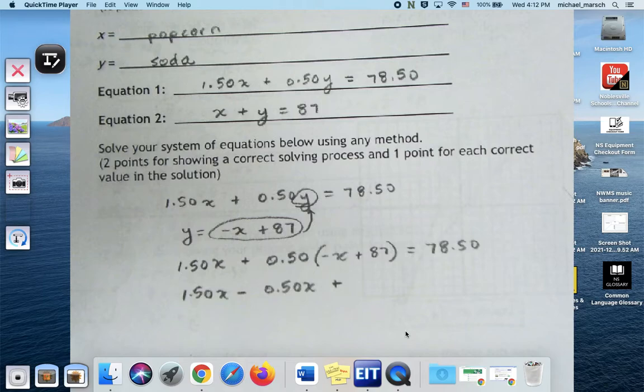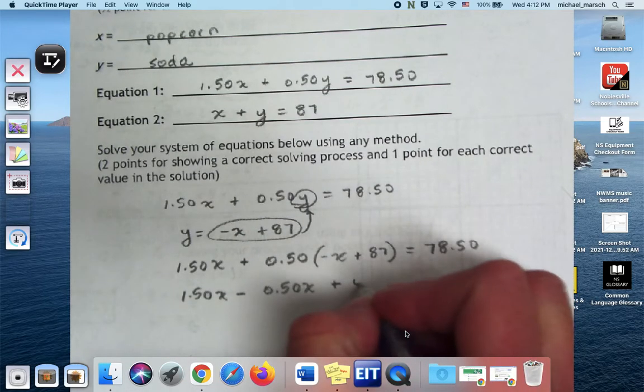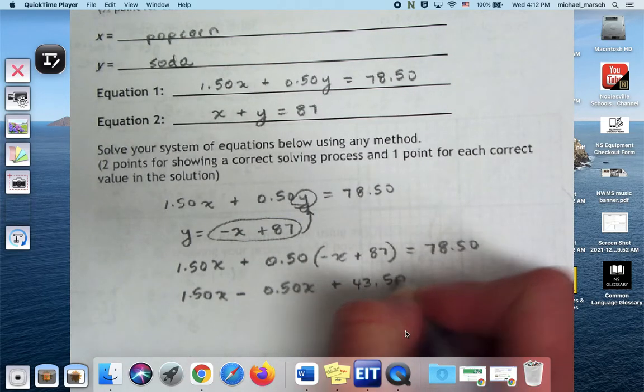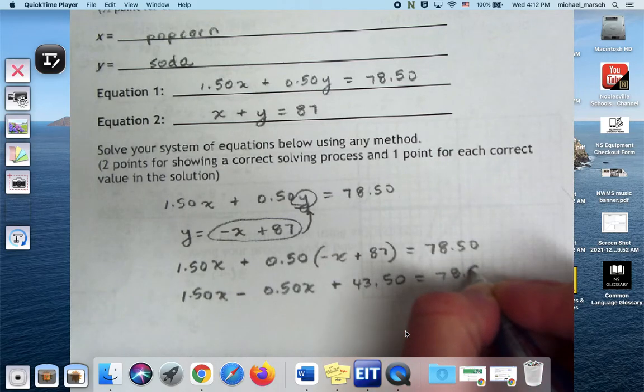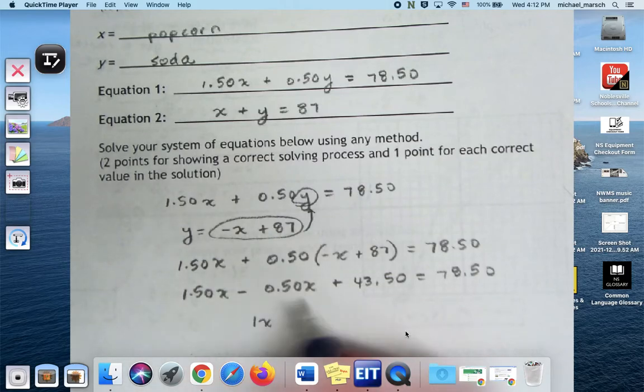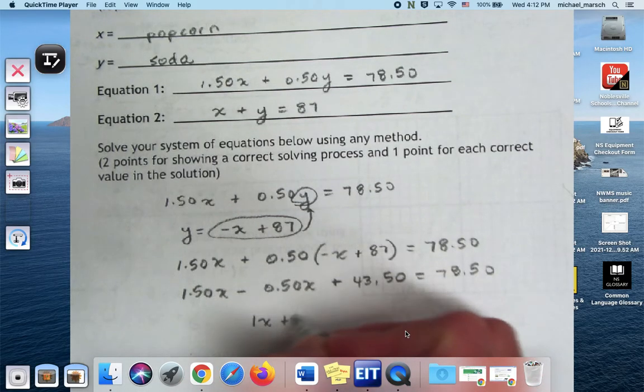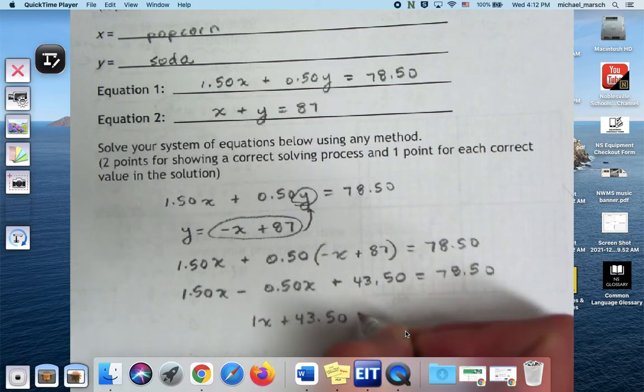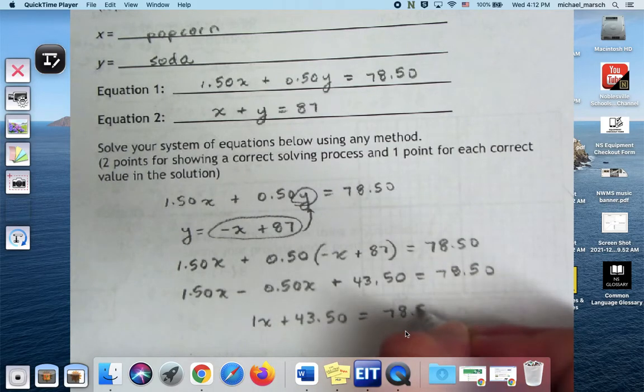Don't trust myself right now. Plus 43.50 equals 78.50. So I have 1x, because $1.50 minus 50 cents is 1, plus 43.50 equals 78.50.